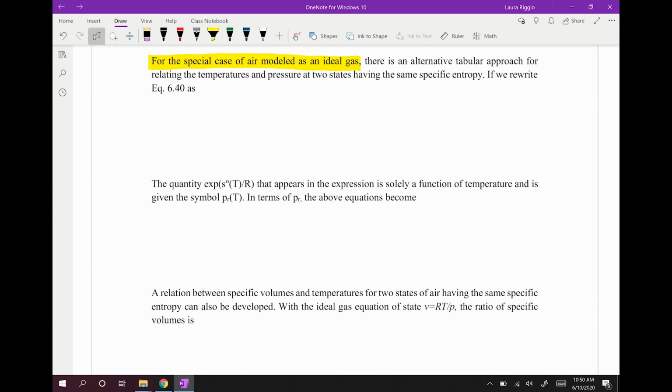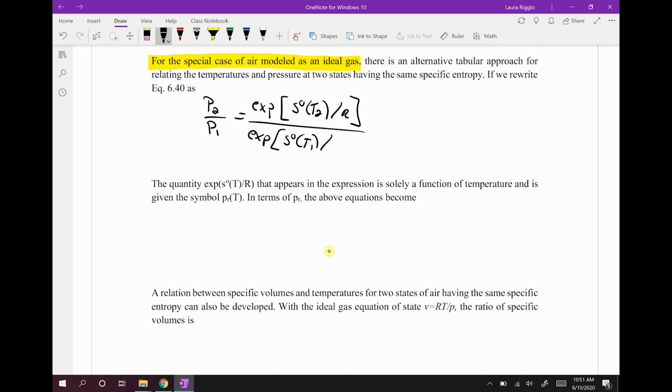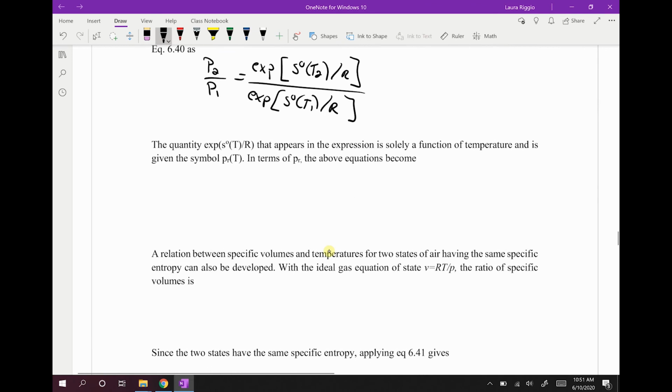There's a very special case for air and air only. I can express the ratio of my pressures as P2 over P1 is equal to the exponential of s° of T2 over R, over the exponential of s° of T1 over R. Since our exponential is only a function of temperature, we give it a new symbol, P_r of T, which gives us the relationship that P2 over P1 is equal to P_r2 over P_r1.